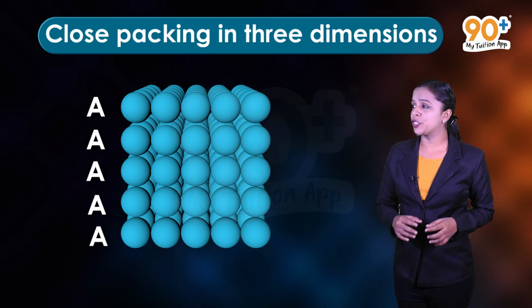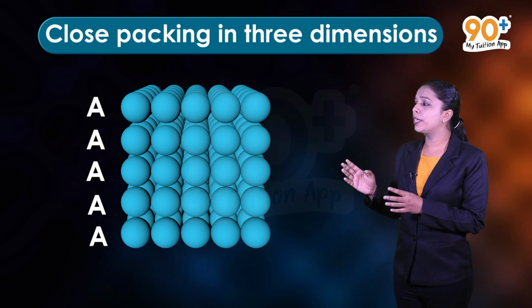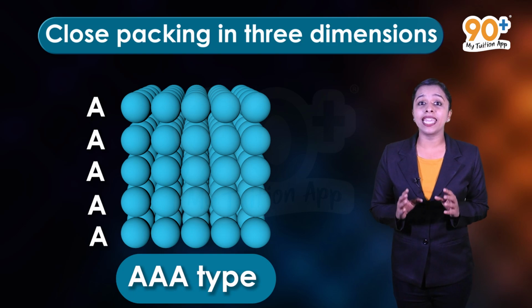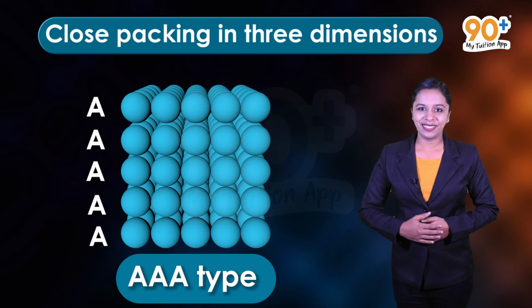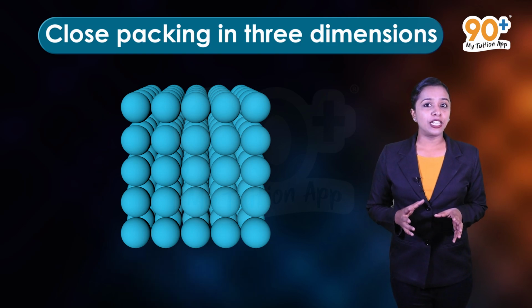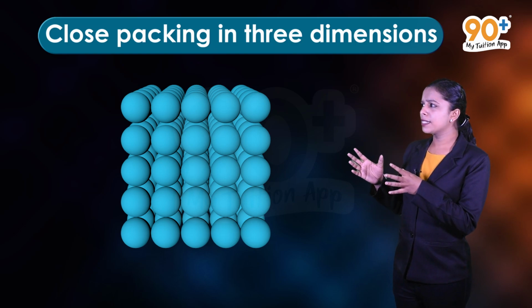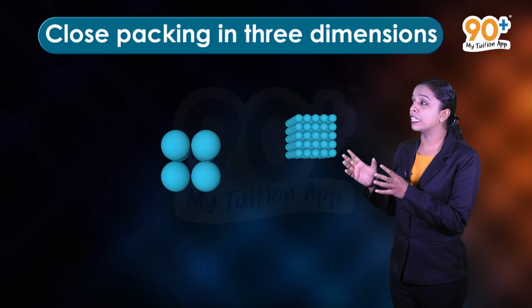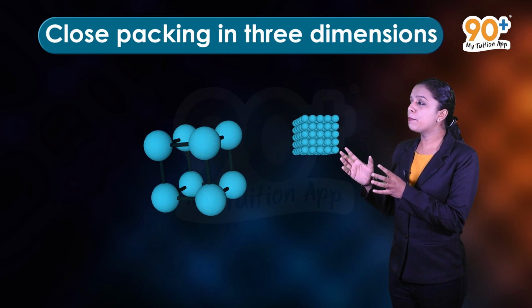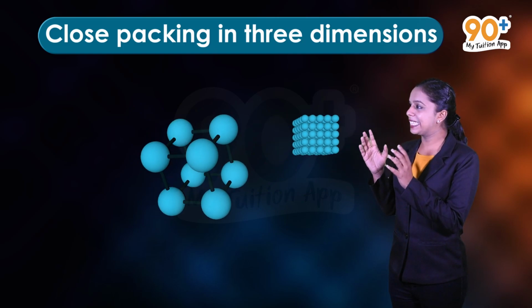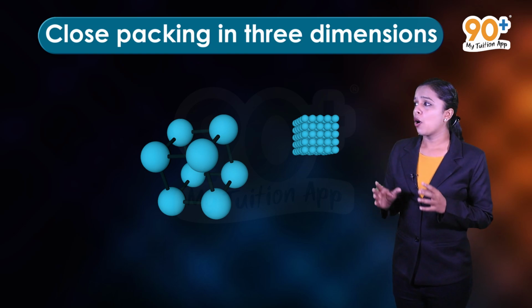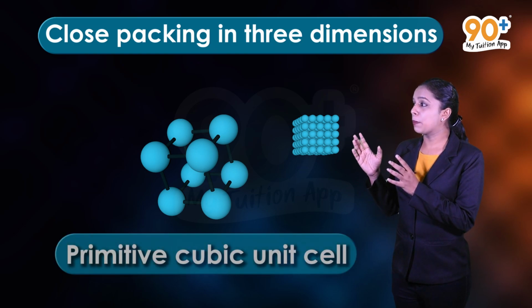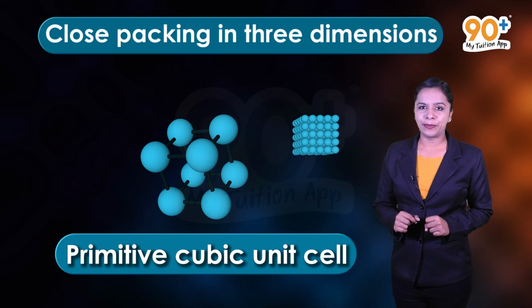This 3-dimensional arrangement is referred to as the AAA type pattern. If you look carefully, you will find that this arrangement has resulted in the formation of a simple cubic lattice like this. The unit of this lattice is a primitive cubic unit cell.